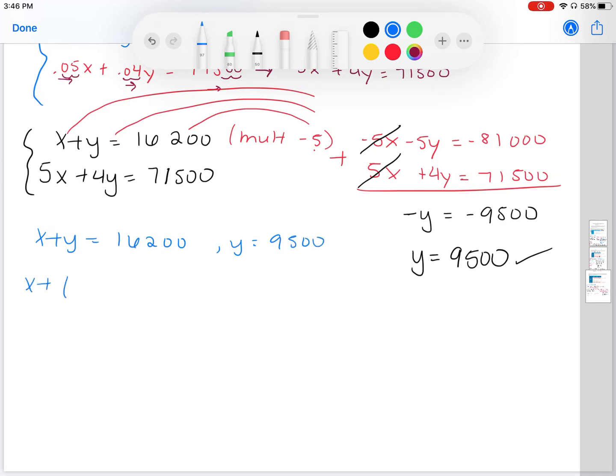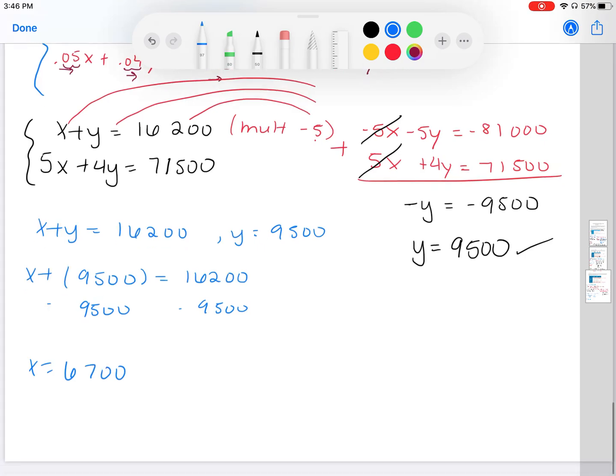X plus 9,500 is equal to 16,200. You subtract that. X is equal to 16,200 minus 9,500. We get 6,700.